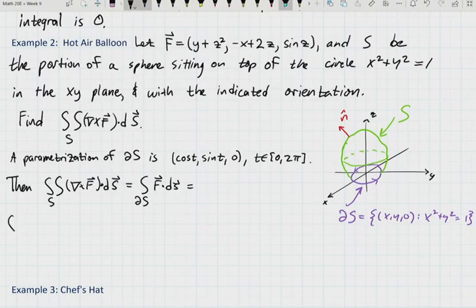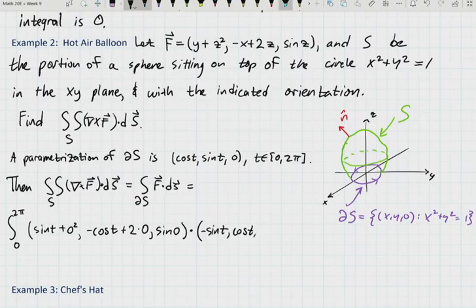So what is that? That's the integral from 0 to 2 pi. F on the circle is (sin t plus 0 squared, negative cos t plus 2 times 0, sine of 0), dotted with (negative sin t, cos t, 0).